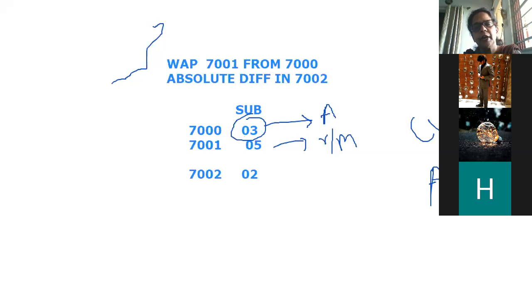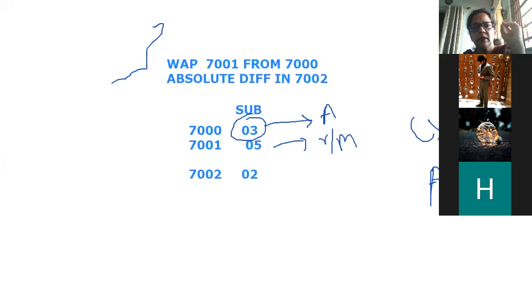So there are two methods. One is you can compare the two numbers and from the bigger number you always subtract the smaller number, or you subtract the contents from the accumulator, check the carry. If the carry is 1, take the 2's complement and store it. Otherwise, you store it as it is.